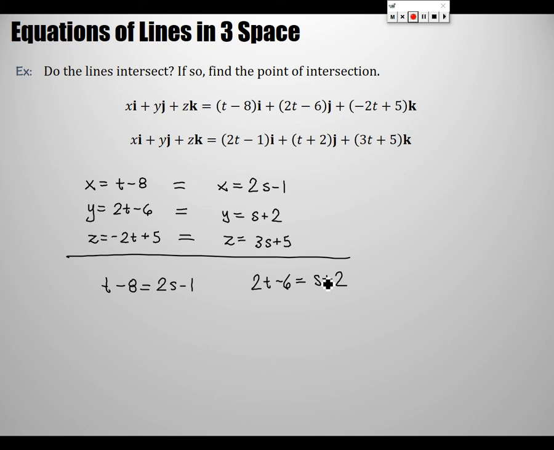That's a little system of equations, right? Figure out what t and s are that would make that system true. Use whatever method you like. See if you can beat me to it.